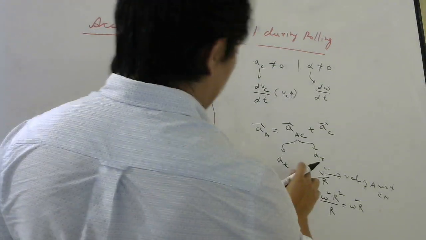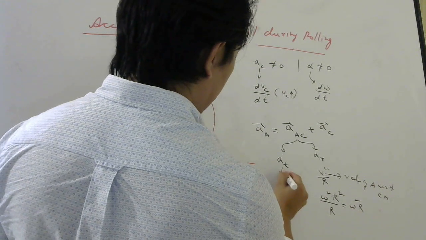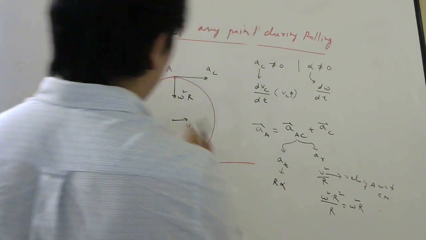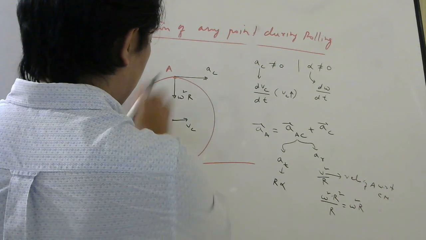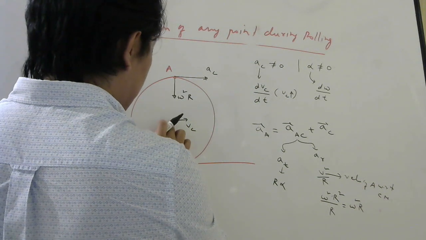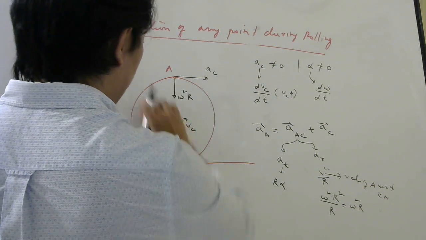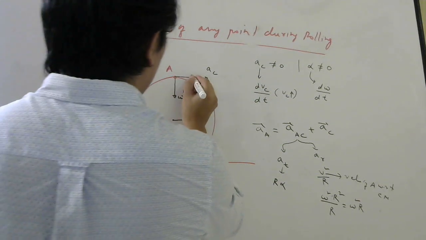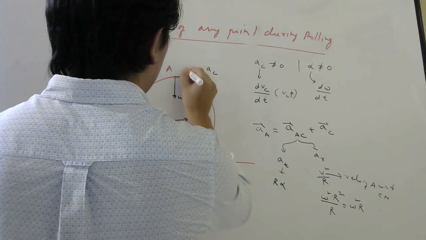Then we have to add the tangential acceleration at. At is what? R alpha, and that will always be tangent to the circle which this person sitting here will see, going in this circle. So there will be one more acceleration, R alpha.